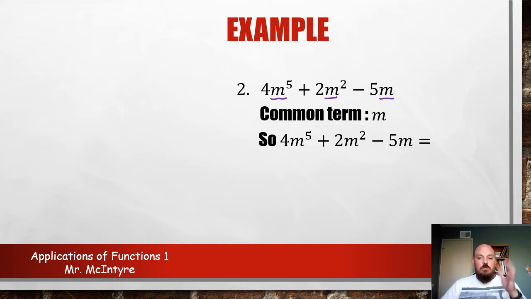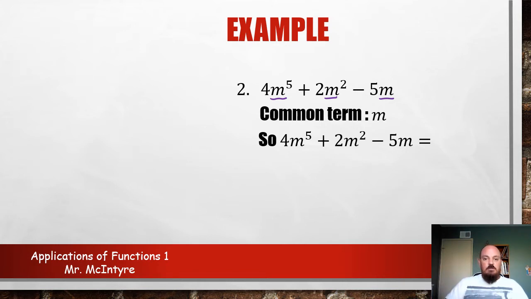That's the same thing in all 3 terms. Now there is no number to this because there's no number I can divide all 3 of those things by. I can't divide other than 1. We don't bother with a 1. But there's no number that I can divide 4 and 2 and 5 all by. So my common term is m.